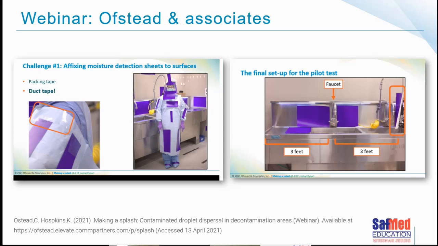Then they asked an individual who was going to clean something manually, and they put the strips all over their body, all over their PPE, above the arms, around the arms, in front of the apron, etc. She also did one on gloves, wearing gloves under the cuff of the gown and over the cuff of the gown, to see the effect at the end of the day and how far people got contaminated or the potential splash went.